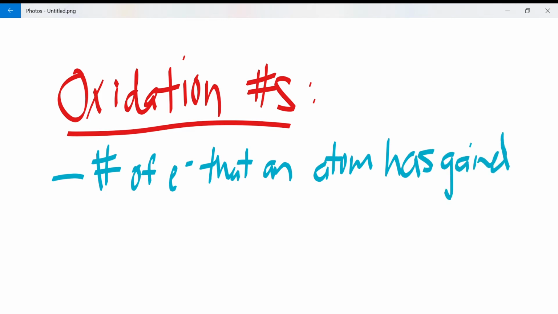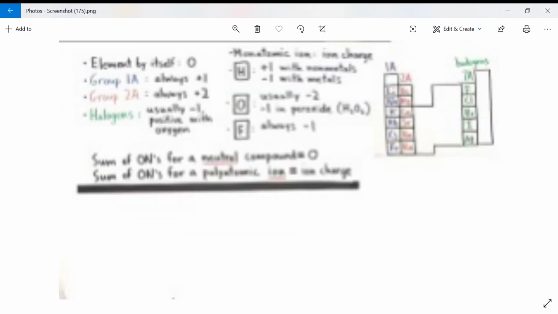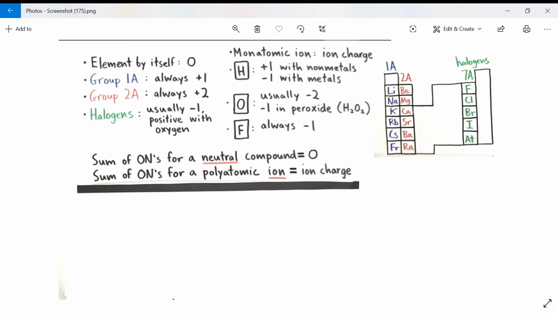And all you have to do to calculate oxidation numbers is look at a set of rules and a periodic table and do some mental math. But that's pretty much it.